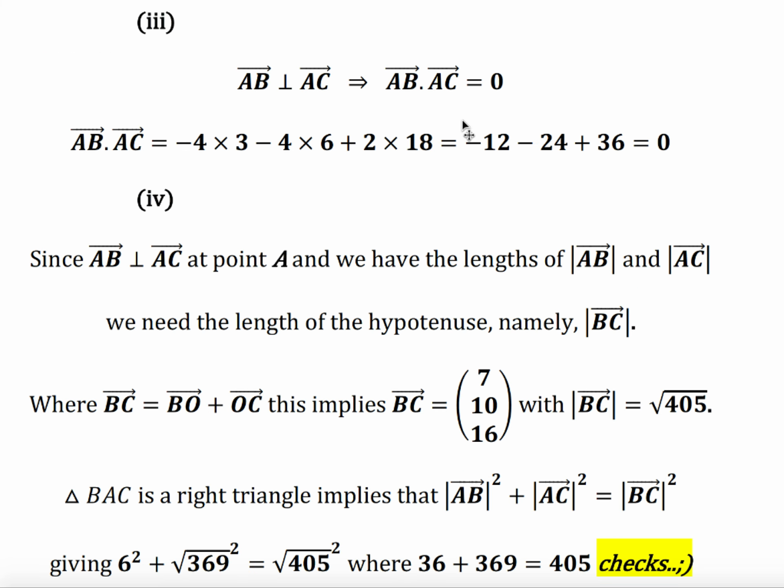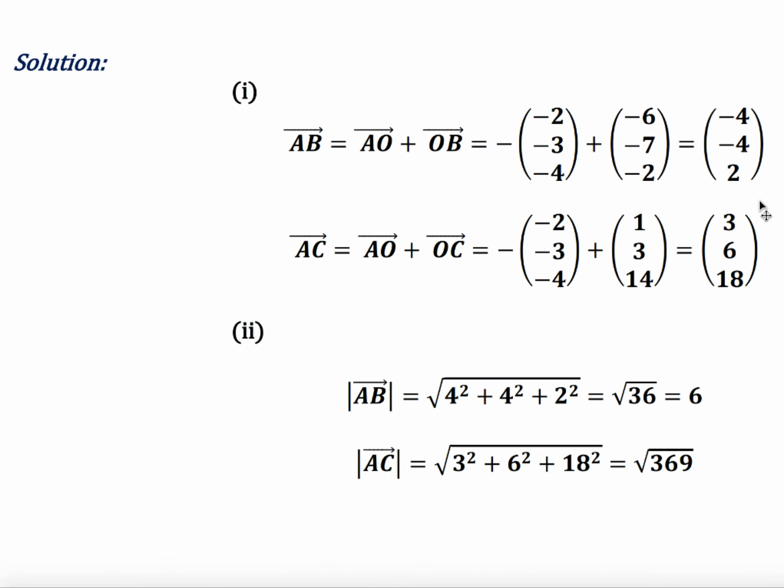And so you're asked to show, I believe, that those vectors are perpendicular to one another. Well, that would imply that their dot product is 0. And the dot product of those two vectors, in terms of what you've actually constructed there, you just need -4 times 3 plus -2 times 6 plus 2 times 18.